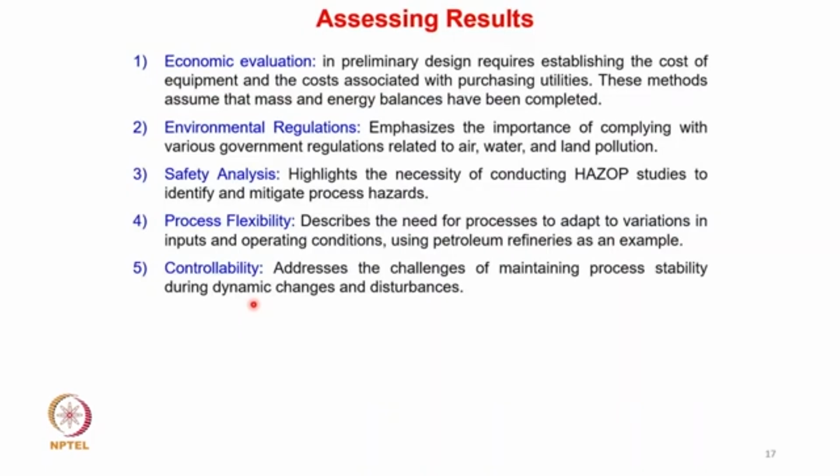Sometimes you can see that a pump failure is there, so because of that some tank is unavailable for feeding the distillation unit. Sometimes a particular distillation unit has some problem, isn't it? So in such a dynamic environment, whether the process is stable or not, that is referred to as controllability.